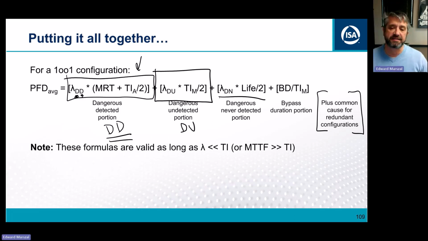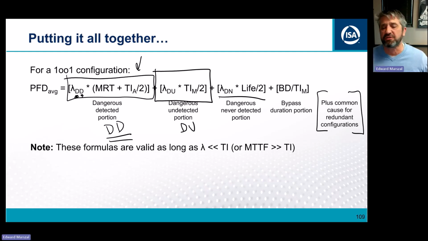Now, we have the never detected portion. So when we look at our proof testing of SIS, or back in the 2002 version of the report, we assumed that if we test an SIS component and it passes the test, it's going to work. But in reality, that's not necessarily always true. It depends on how good your tests are.